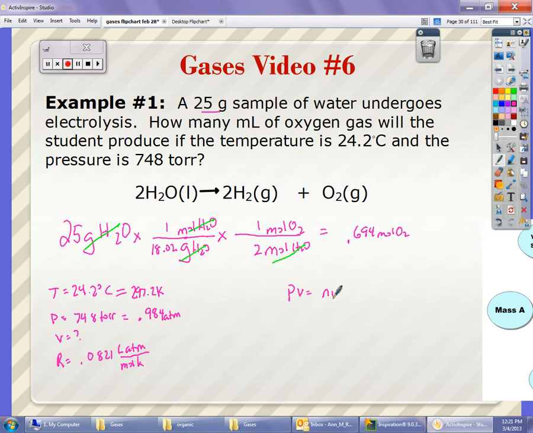PV equals nRT as our formula. We're solving for V, so we're going to divide both sides by P. Okay, so volume equals number of moles, 0.694 moles. Plug in the gas constant. Plug in temperature in Kelvin.